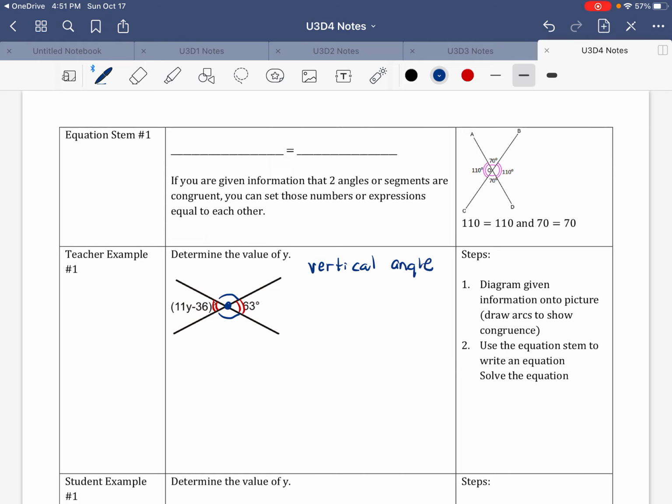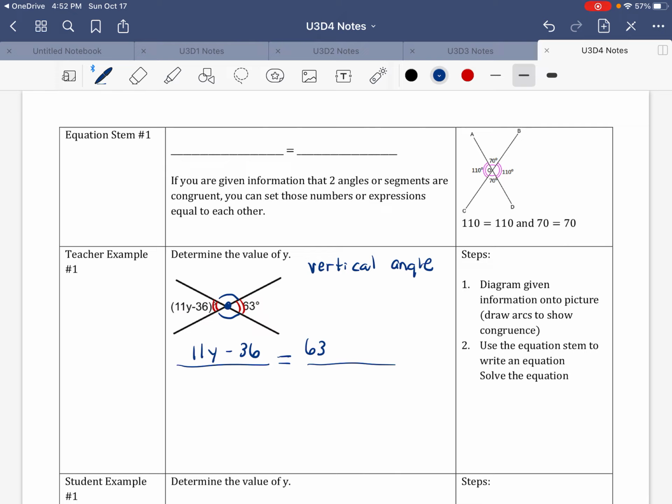Now we know that these are vertical angles because they are on opposite sides of each other, and they are angles created by intersecting lines. So if we use our equation stem, something is going to equal something. We know that 11y minus 36 equals 63. And now we can solve this equation.